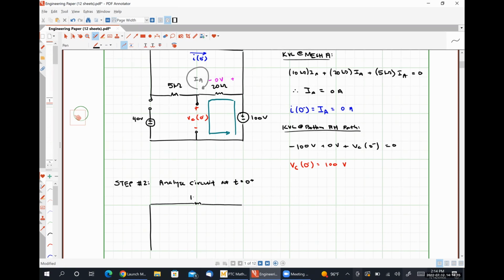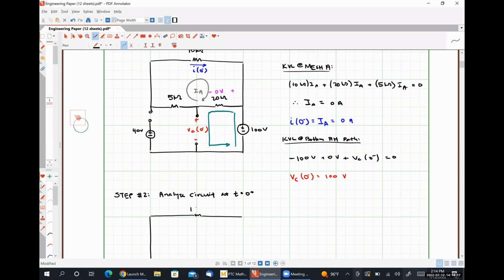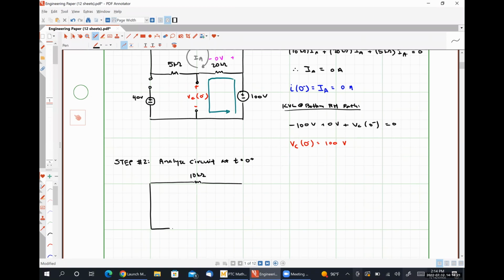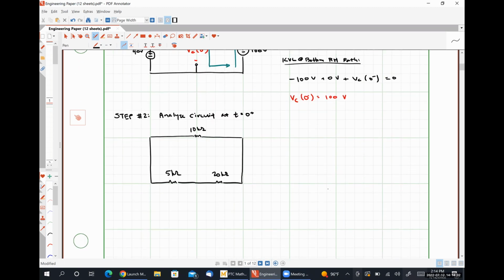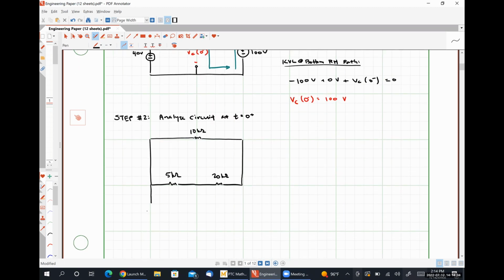So here is our 10 kilo ohm resistor, our 5 kilo ohm resistor, and our 20 kilo ohm resistor. On the left-hand bottom, we're going to have our 40 volt source because our switch now looks like a short circuit.